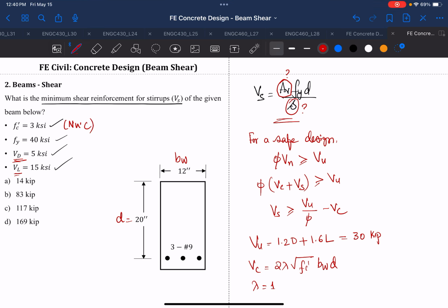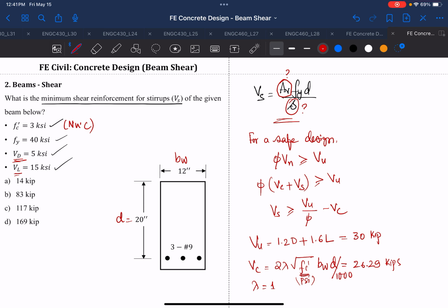Once you have lambda equal to 1 and you put in the values, you'll see that this is equal to 26.29 kips. Remember that this equation requires fc' to be in psi, so I'm going to divide by 1000 to get kips.